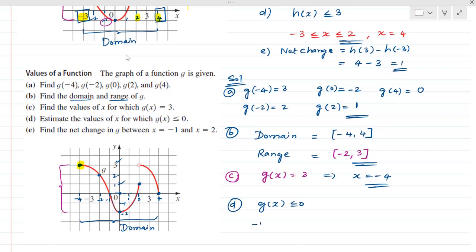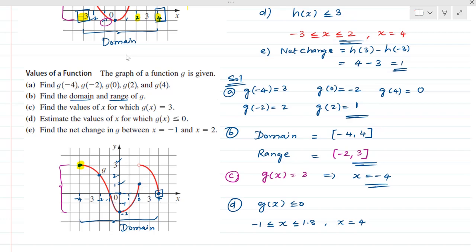So x is less than or equal to 1.8, not 2, because it is less than 2. From this range the graph is going down below 0. So this is one point, and it also includes 0. Therefore this point is also included. What is that one? x equals 4.